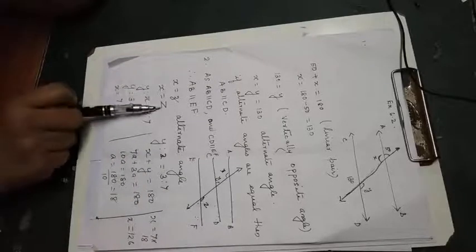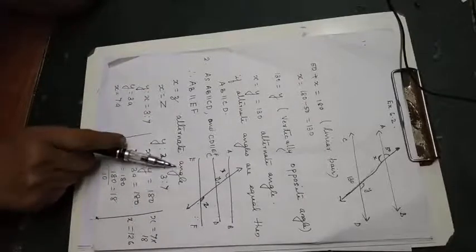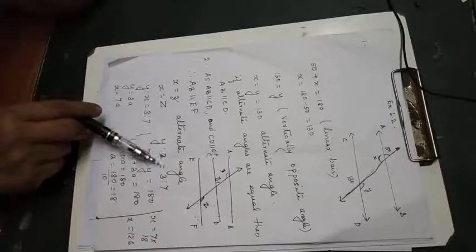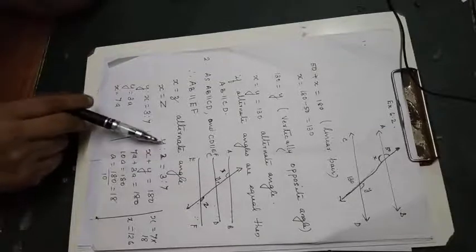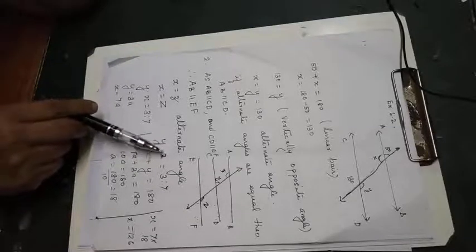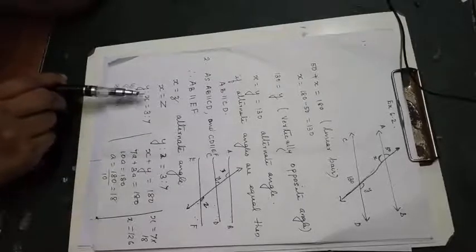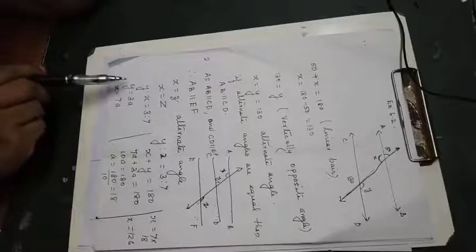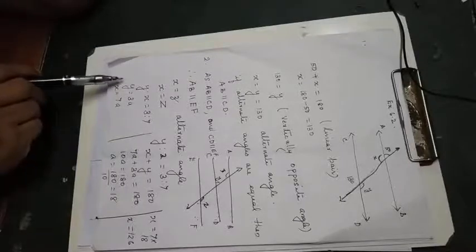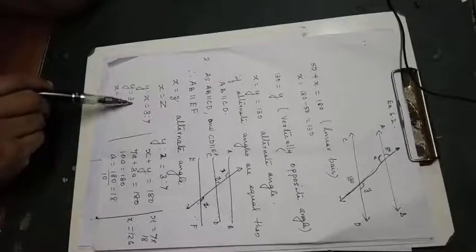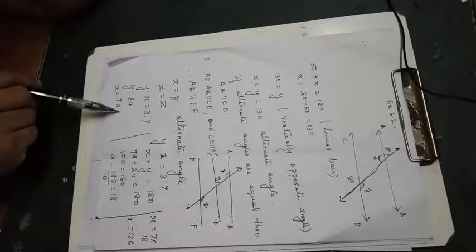So you can change that Z to X, that is, instead of Y is to Z, we can put Y is to X, that is equal to 3:7. Now you can put y is equal to 3a and x equal to 7a.